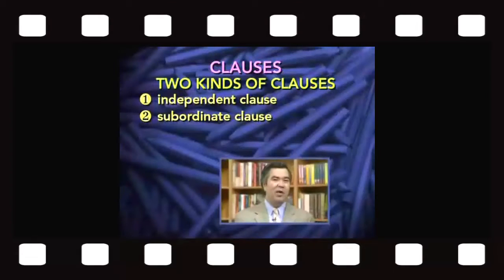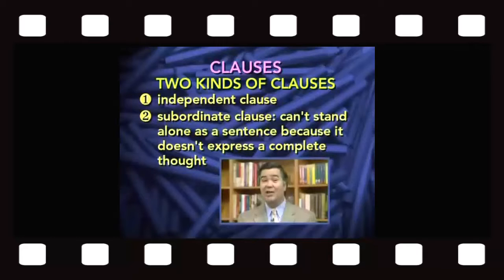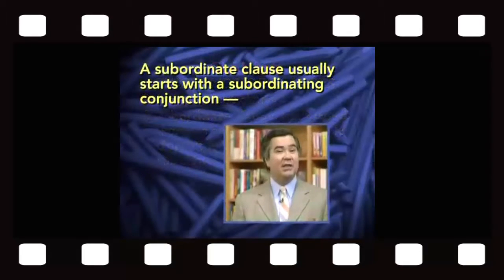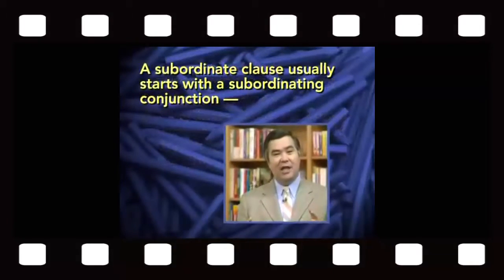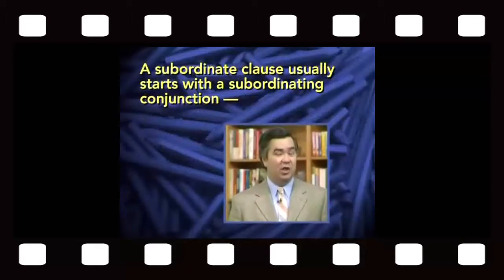The word subordinate means following or less important than, and this describes what these clauses are like. A subordinate clause can't stand alone as a sentence because it doesn't express a complete thought. Usually subordinate clauses begin with particular types of words which are known as subordinating conjunctions.